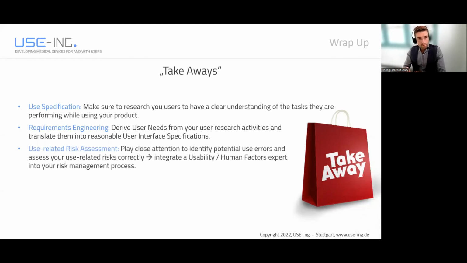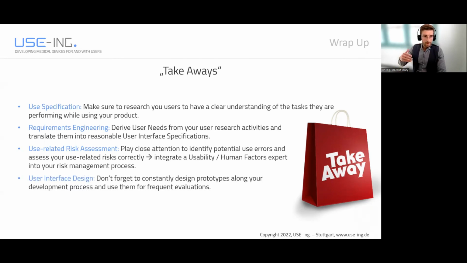Collaborate strongly with your risk management team. Pay close attention to identify potential use errors using the PCA method and assess your use-related risks correctly. This means that you should integrate a usability and human factors expert into your risk management process. Then design and produce as many prototypes as you can within your product development.